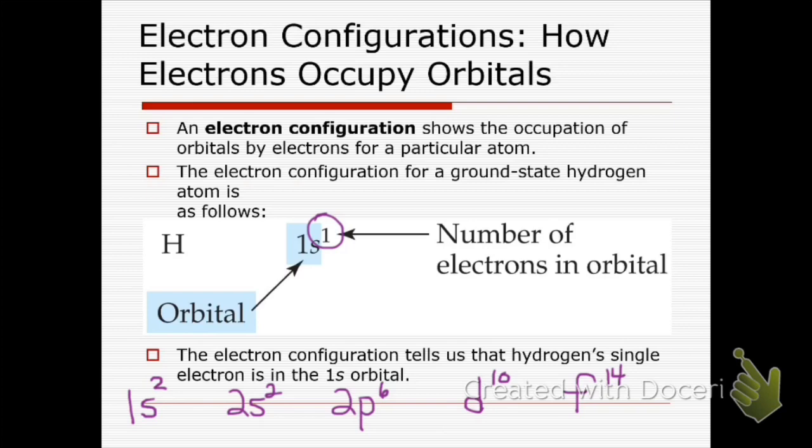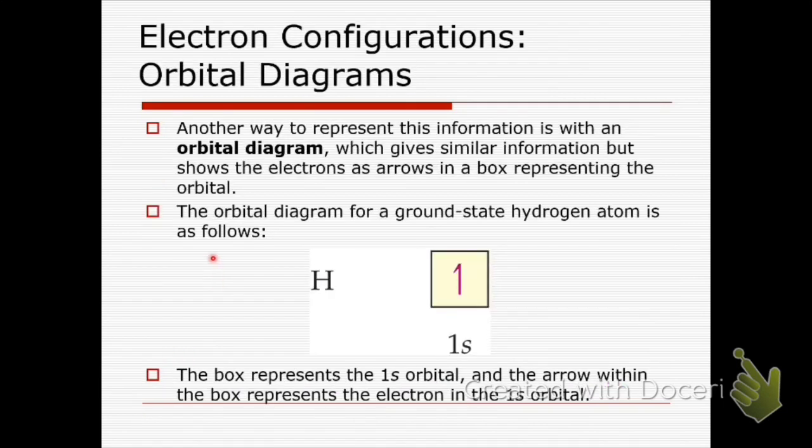So here they are showing hydrogen, which only has 1 electron. So we would start at the beginning of the periodic table. The first one to fill in would be the 1s. We only need 1 electron, so we put a 1 there. Reminder that we can never have more than a 2 in that spot. Another way to show these electron configurations is by drawing them.